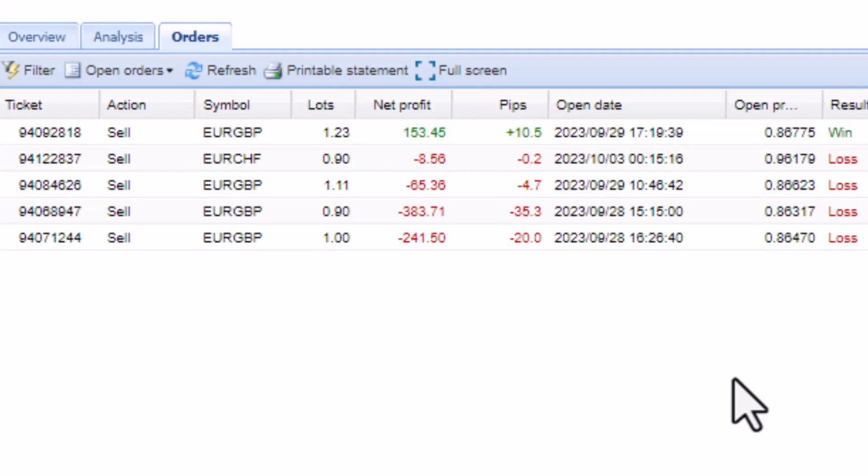But essentially you also need to know how the EA trades. So the EA opens an initial trade, and if that initial trade goes wrong, it opens subsequent trades. So the first thing to do is find out what the initial trade is. And just looking at this, here's a currency that has only one trade. So we know that that is the initial trade, and it traded 0.9 lots for that initial trade.